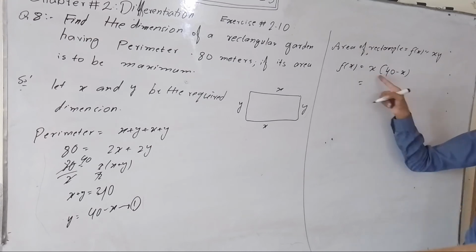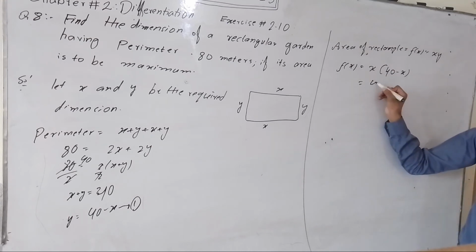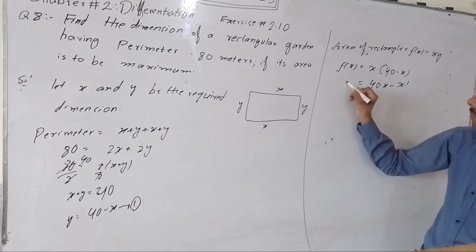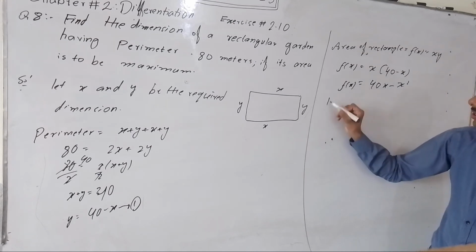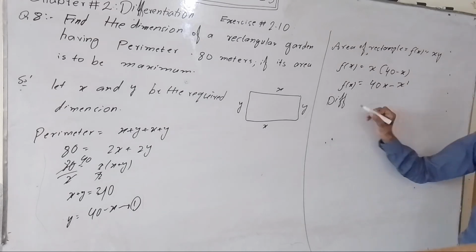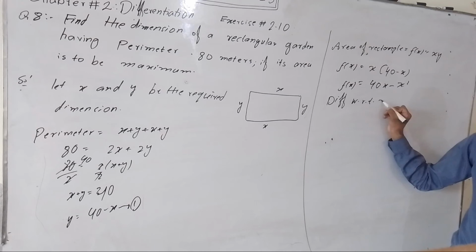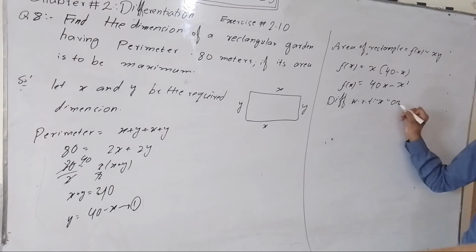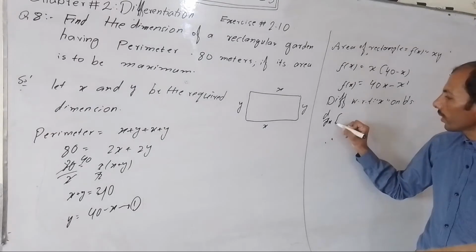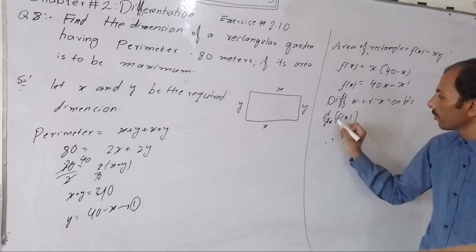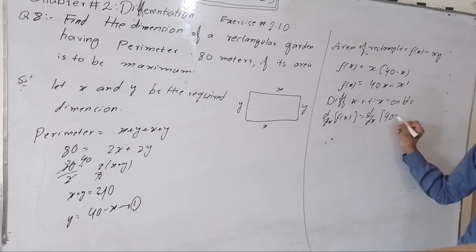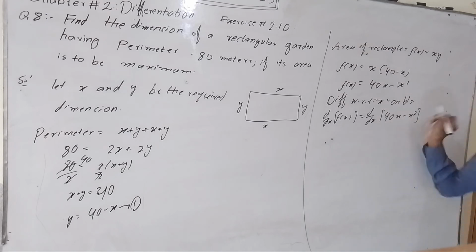So 40 multiplied by x is equal to 40x, minus x multiplied by x, x square. Differentiate with respect to x on both sides. Derivative of f of x is equal to derivative of 40x minus x square.